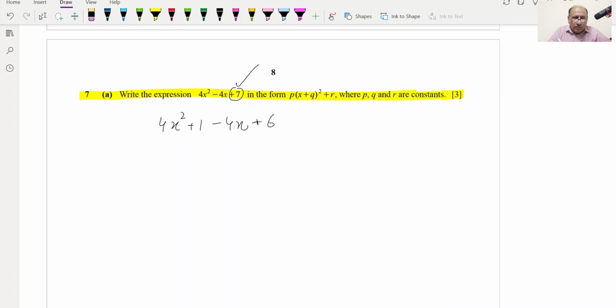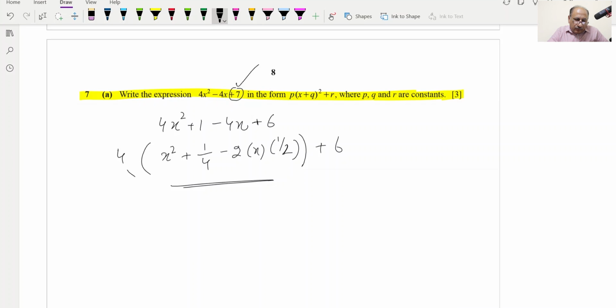So what we have done in this step, we have just split plus 7 into plus 1 and plus 6, and now next we will be applying completing square. So we will apply completing square over here. So 4 into x squared plus 1 over 4 minus 2 into x into 1 by 2, and if you open this bracket, you will get the same step and plus 6.